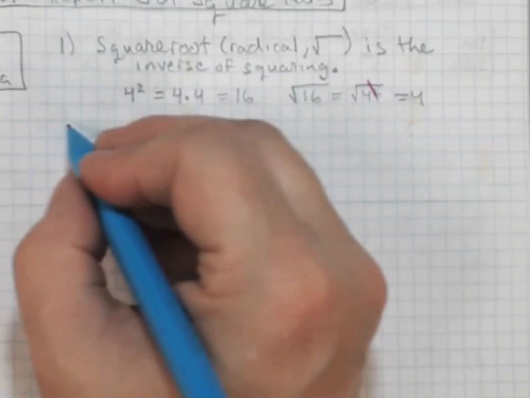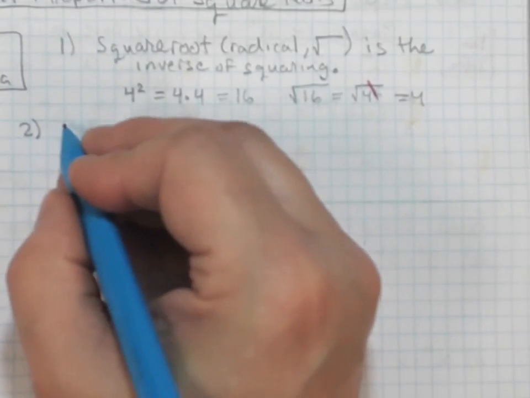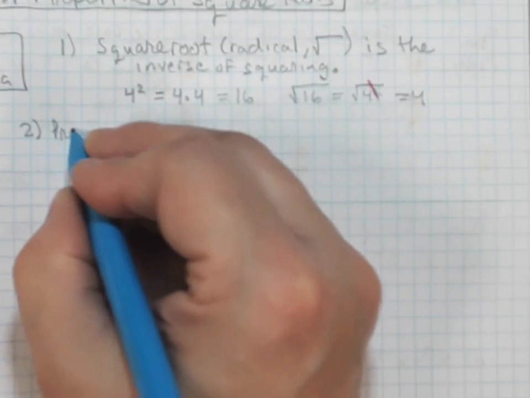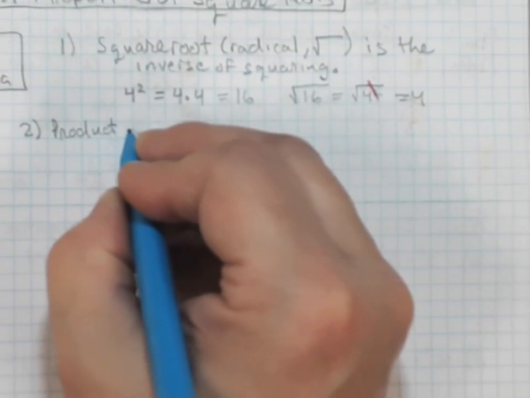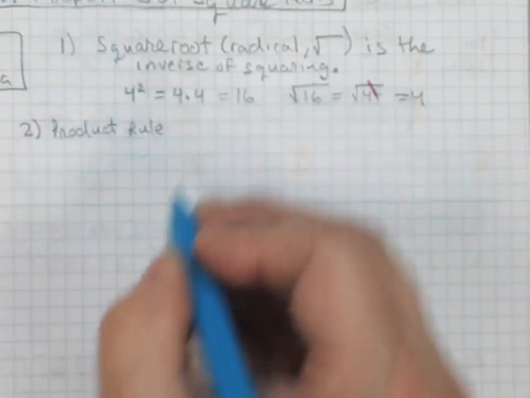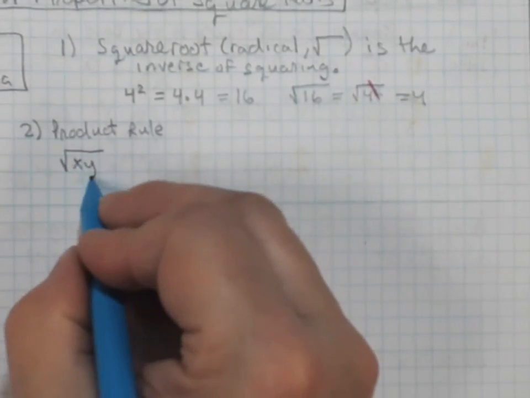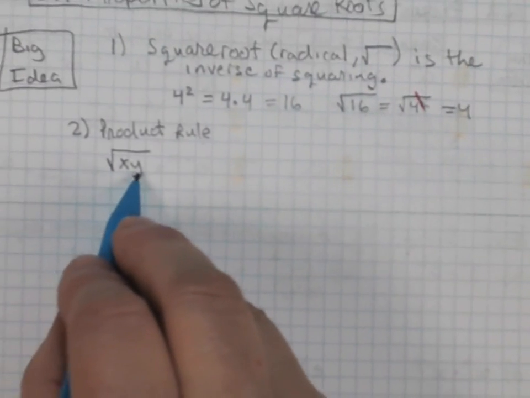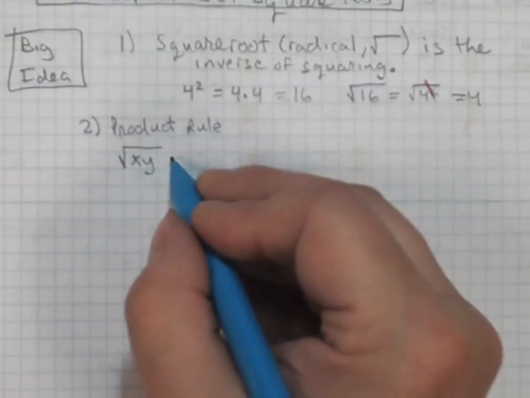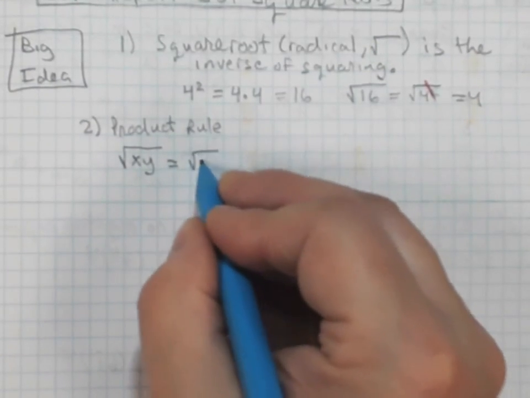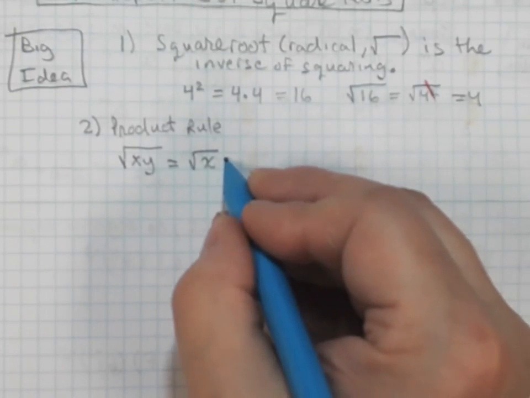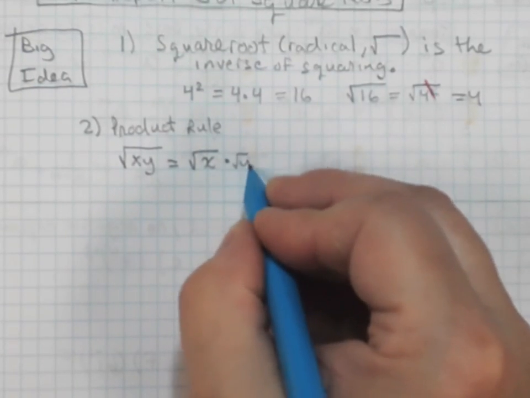All right. And then 2 more ideas. One is called the product rule, which says that if I have the square root of a product, so I'm multiplying x times y here, I can break that up into 2 radicals, separate them. So that's the square root of x times the square root of y.